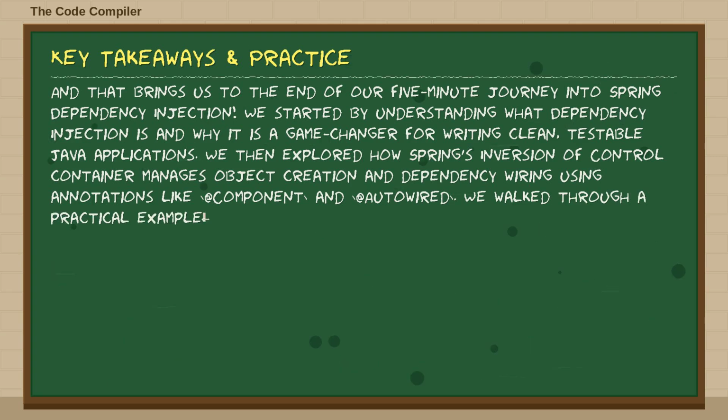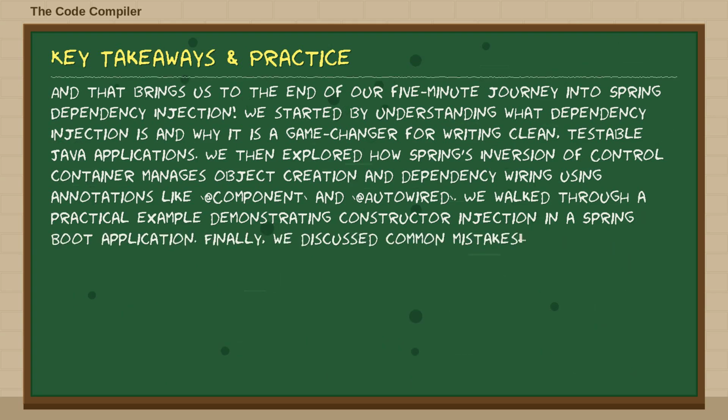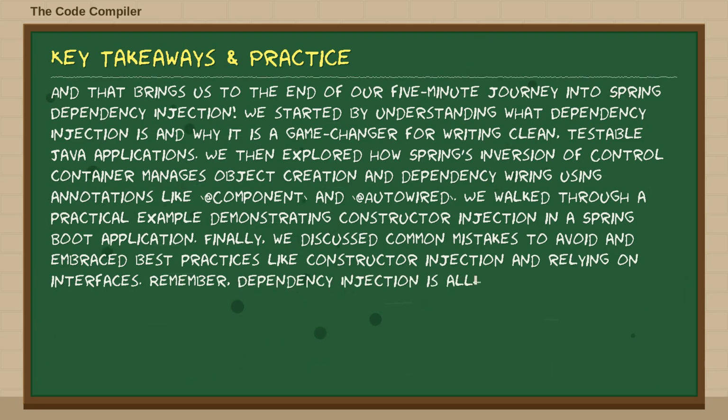We walked through a practical example demonstrating constructor injection in a Spring Boot application. Finally, we discussed common mistakes to avoid and embraced best practices like constructor injection and relying on interfaces.